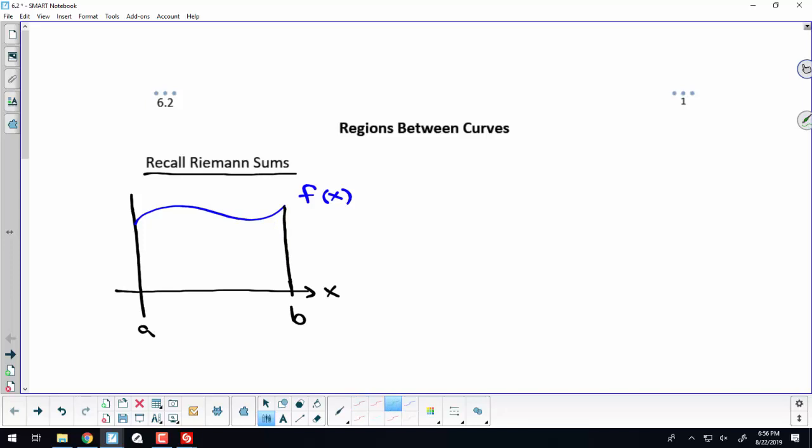The basic idea there was, let's cut this up into really small but manageable pieces. And every time we made a cut through here, we were making a rectangle. We can certainly manage the area of a rectangle. Once I have all of those rectangles in there, I can just add up the area of all rectangles, and then I'll have the area of that weird shape right there.